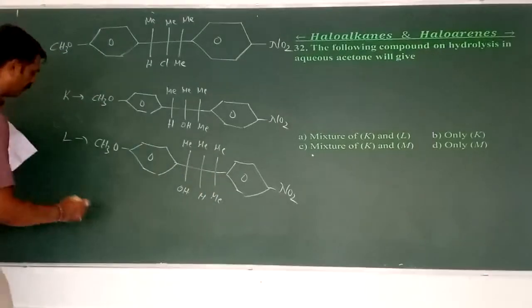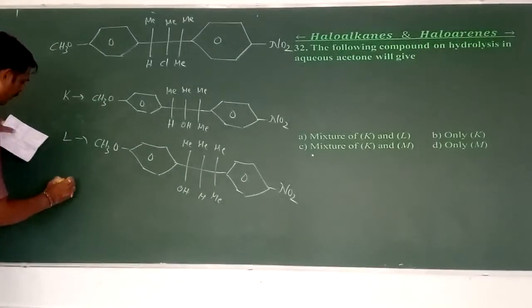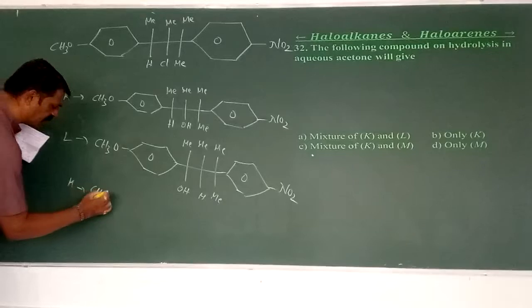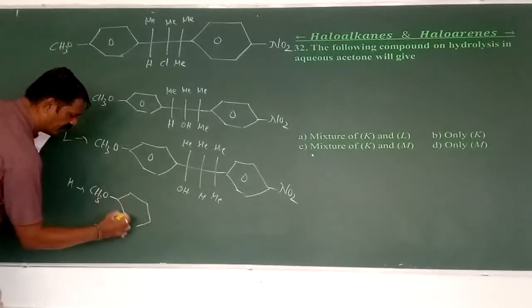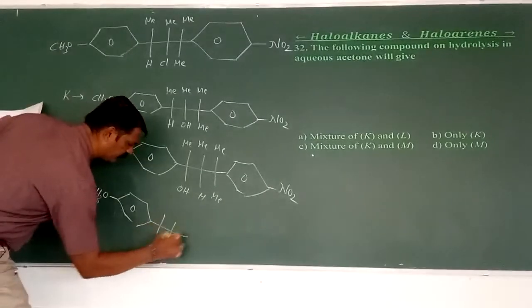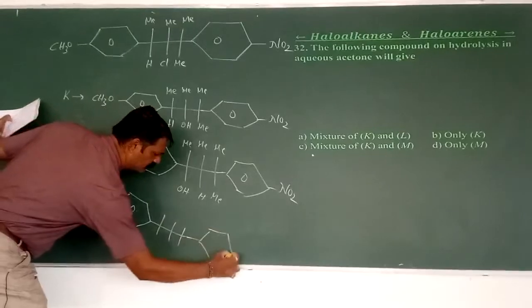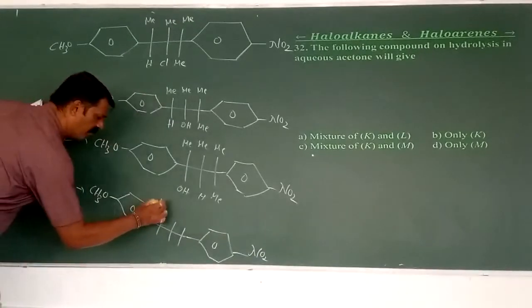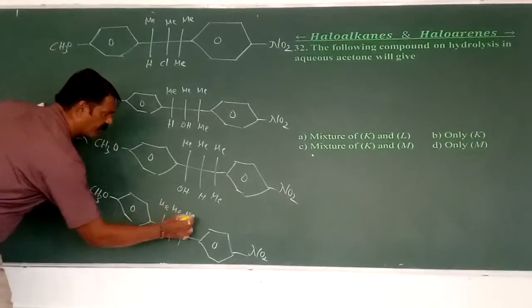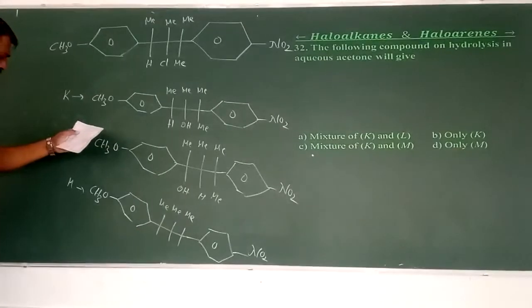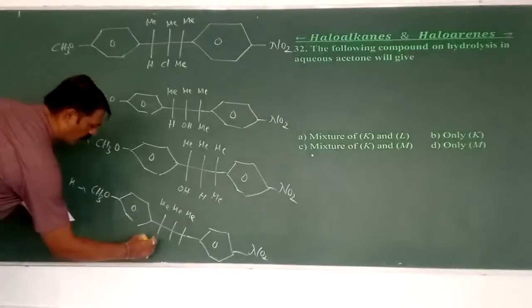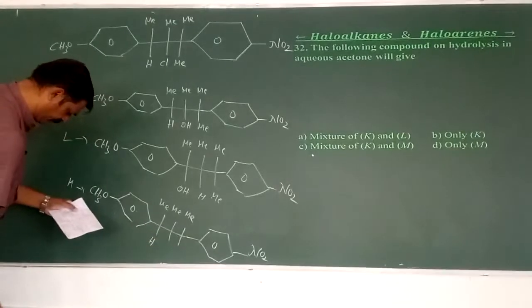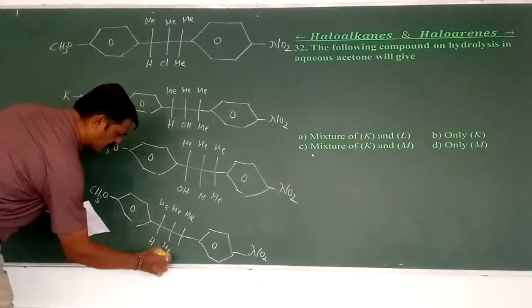And then we are having another one, that is M, which is also present here. CH3O with another benzene, NO2 here, Me here, followed by H, Cl, OH, H, Me, here it is OH.